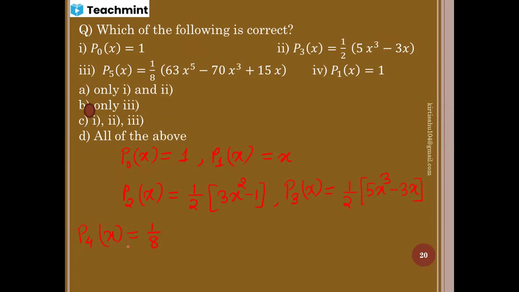So P4 of x is 1 by 8, 35 x to the power 4 minus 30 x square plus 3. I will tell you some observation also, which will help you to identify sometimes the incorrect options. So P5 of x is 63 x to the power 5 minus 70 x cube and plus 15x.